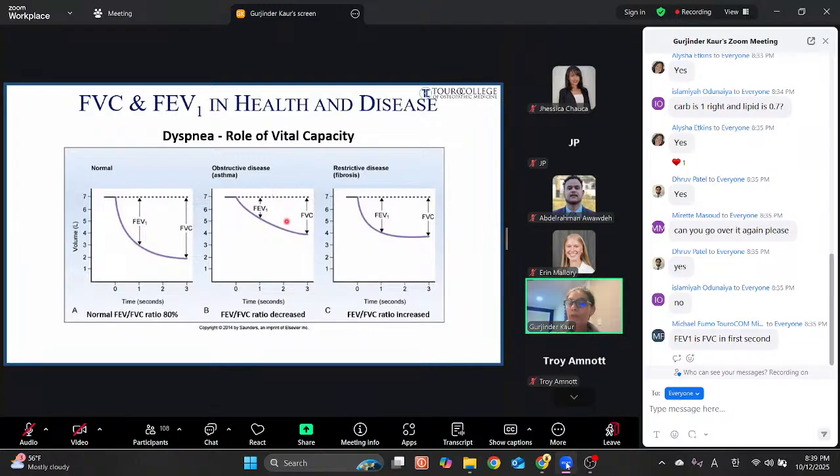So where you have issues at the airways, so the patient is having obstruction in the airways, right? They'll have a hard time getting the air out of the lungs. Now if you compare here, FVC is reduced definitely to 3 liters, but they will have a problem getting their first volume in the very first second.